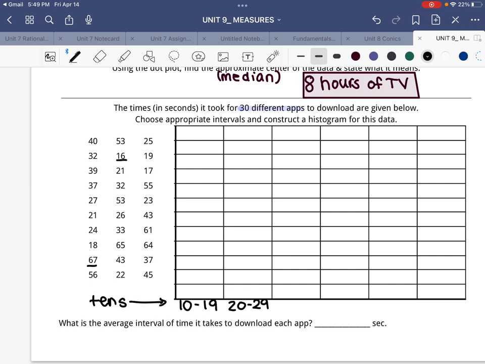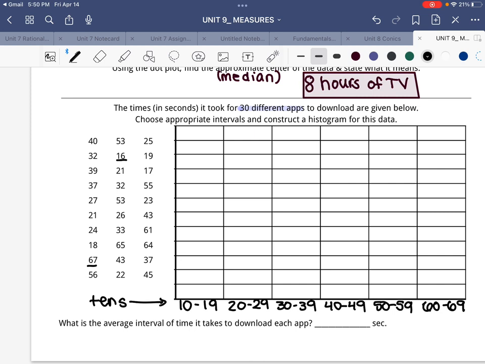I have to stop on the 9 every time because otherwise, like if I went 10 to 20 and 20 to 30, we wouldn't know where to put the 20 because it'd be in 2 columns. So this is just a way of saying 10s, 20s, 30s, 40s, 50s, 60s.